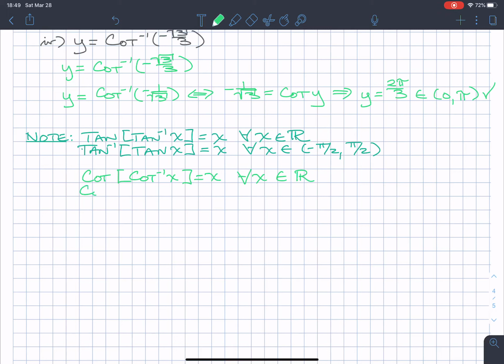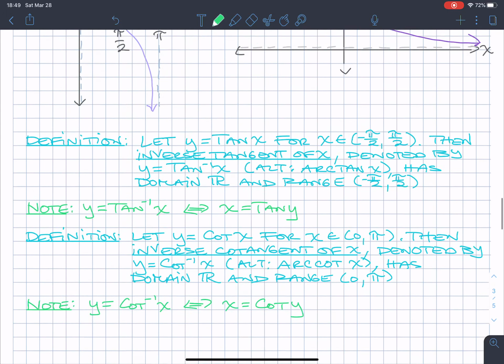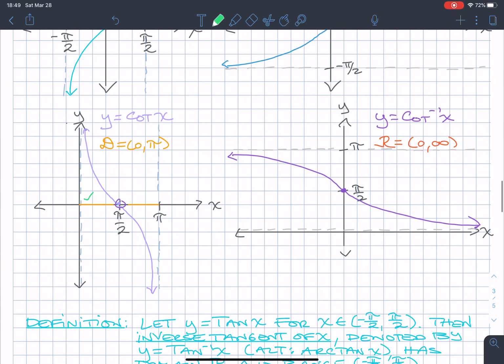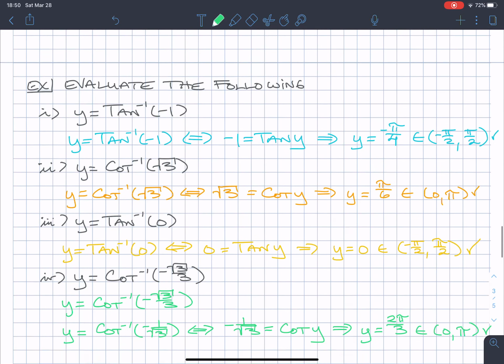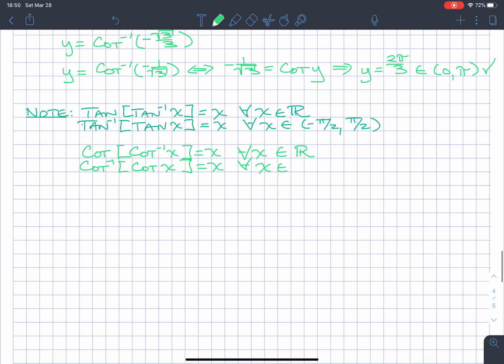However, if I take cotangent inverse of normal cotangent of x, that's only going to be x for values of x on the restricted domain, which was from 0 to pi, non-inclusive. So that's x for all values between 0 and pi, not including the endpoints.